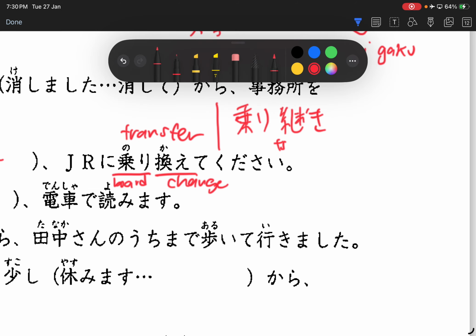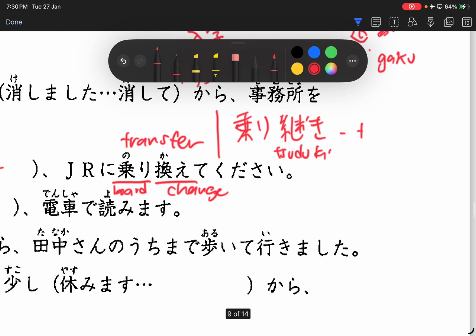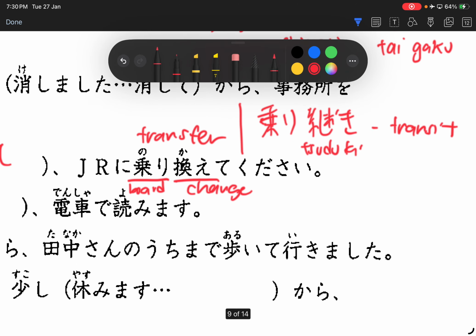This is 続き, this one means transit. You will see this word more at the airport. So 乗り続き, like 继续的续, right? 続き, so it's TSUDU. Remember, this is つ, this is do.